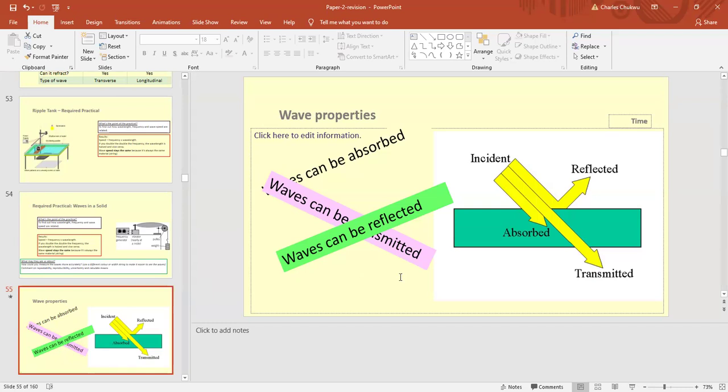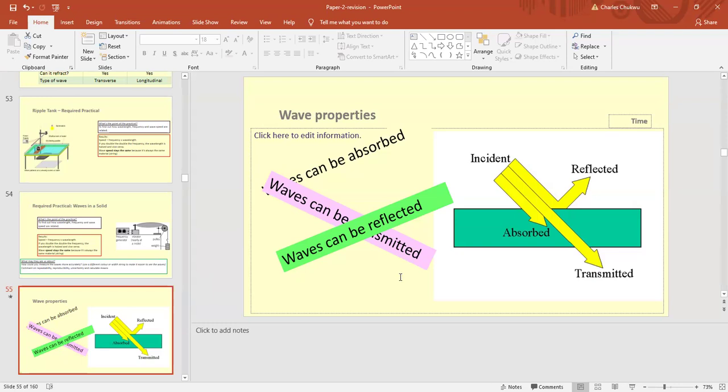So this is just a diagram showing the difference between reflection and refraction. Waves can be absorbed, waves can be transmitted through a medium, and waves can be reflected. Look at that on the right hand side.